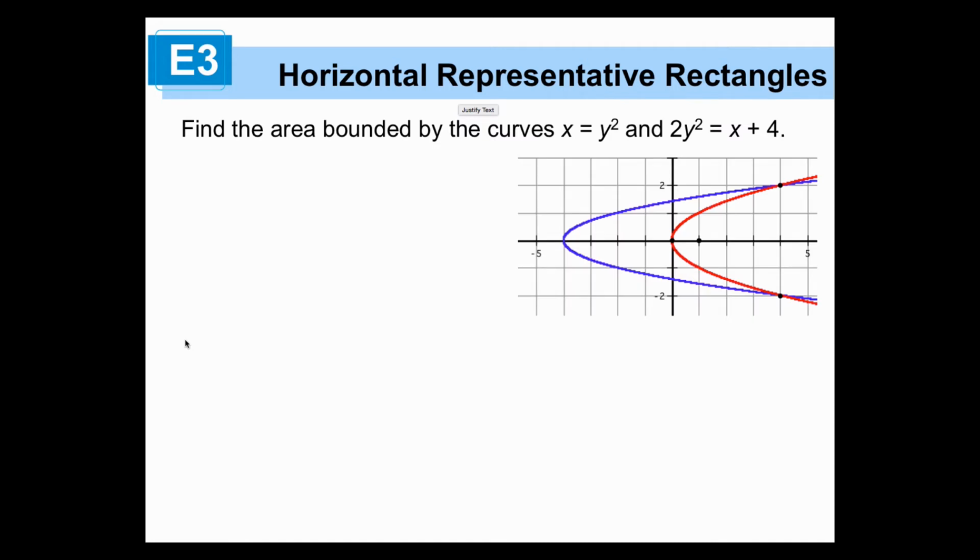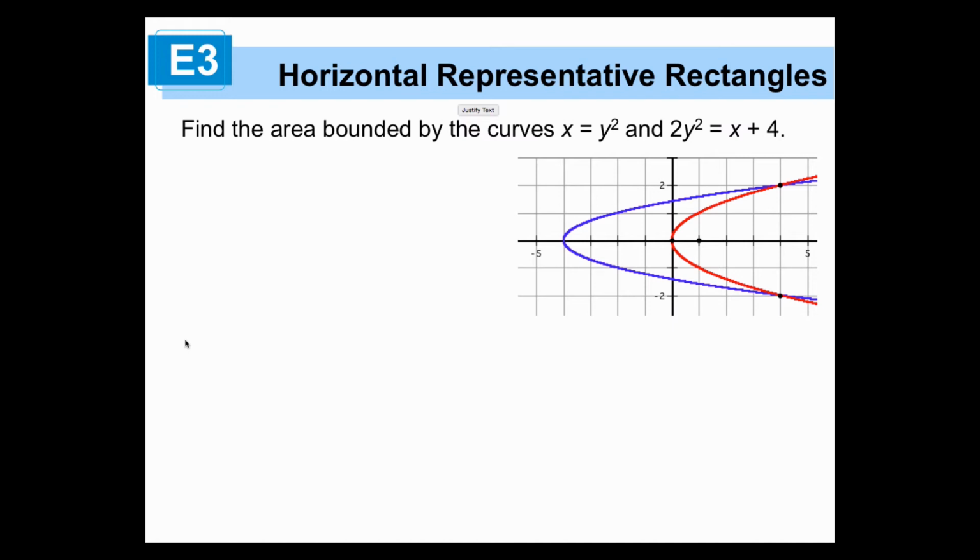Okay, so there's our picture. Now, why would I have to use horizontal rectangles in this case? This particular problem is not too bad, because I could solve for y for both of these. y is equal to plus or minus x, and y would be equal to plus or minus the square root of x plus 4 all over 2.